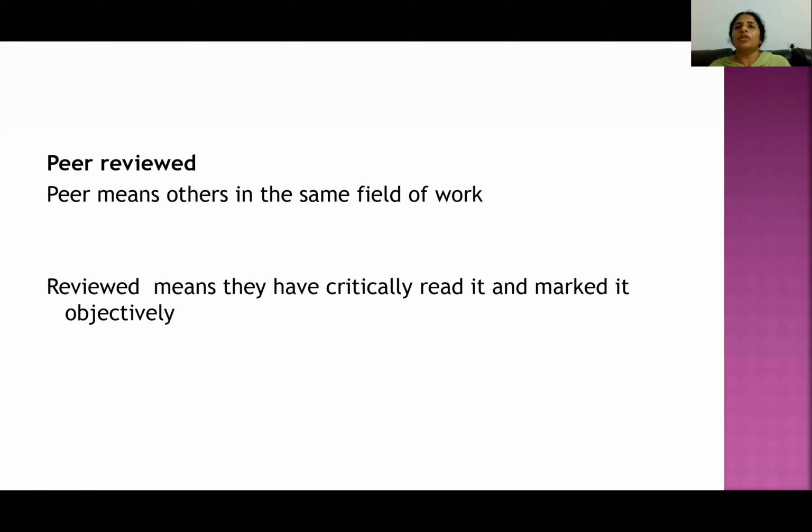So peer review is that. When you say peer reviewed indexed journal, it means a set of reviewers has gone through it, they have approved it and then published in that. And that journal, like the Indian Journal of Community Medicine or Indian Journal of Ophthalmology, you can find in an approved list of journals.